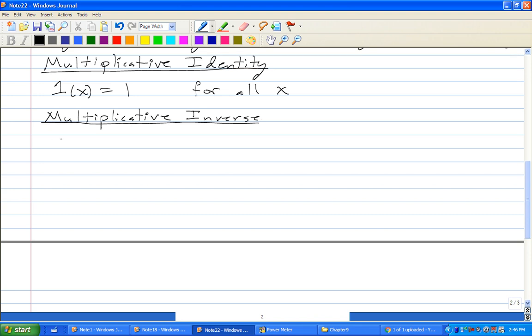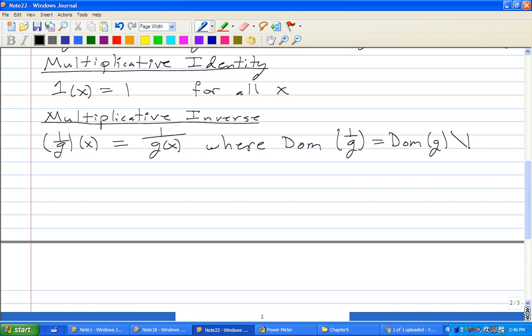The multiplicative inverse of g, I'll define it as 1 over g, is just equal to 1 over g of x, where the domain of the multiplicative inverse of g is the domain of g take away the kernel of g, where the kernel of g is defined as the set of all x in the domain of g such that g of x is 0.